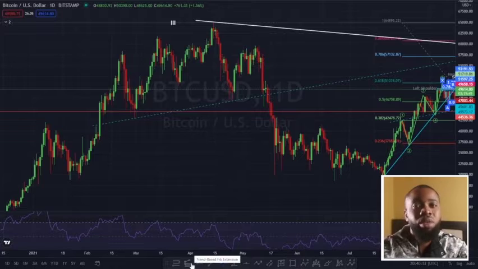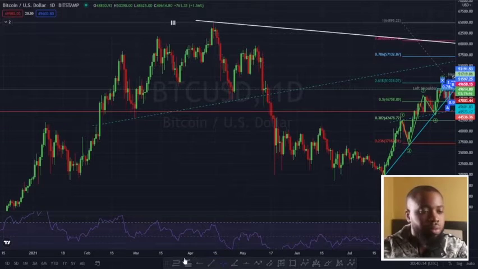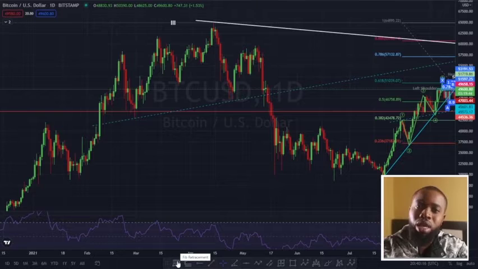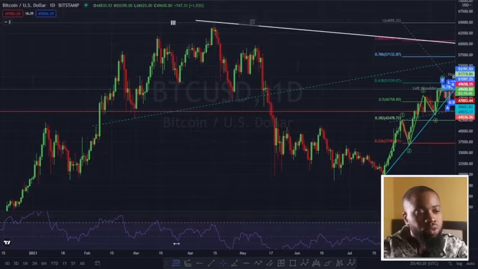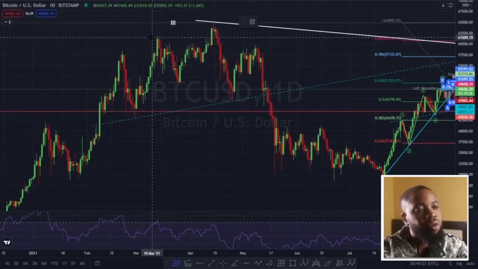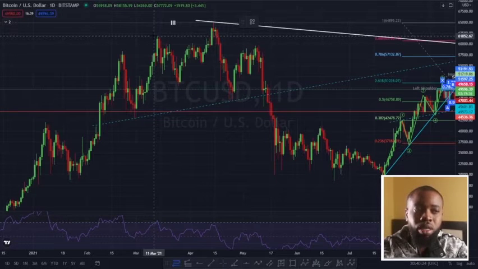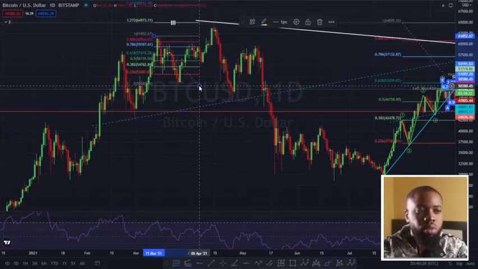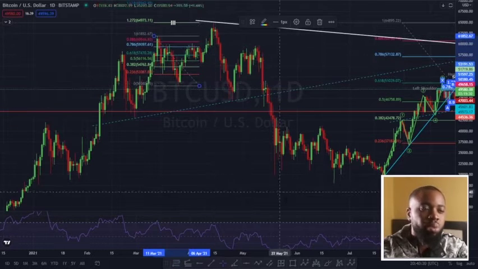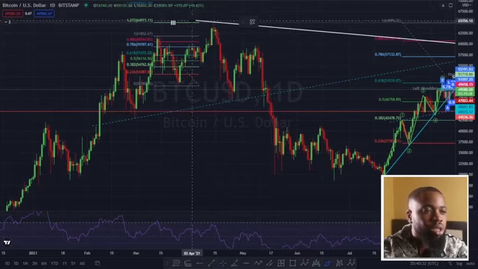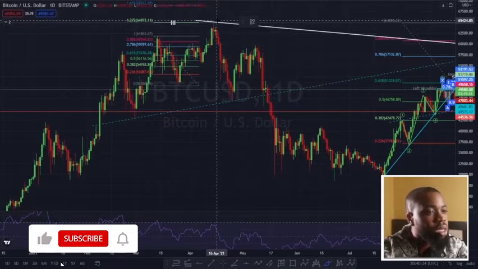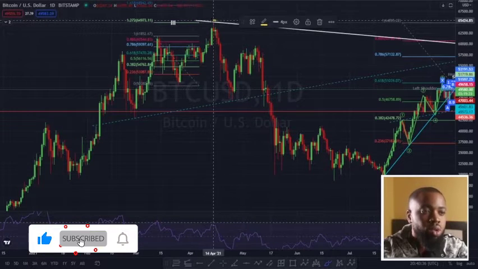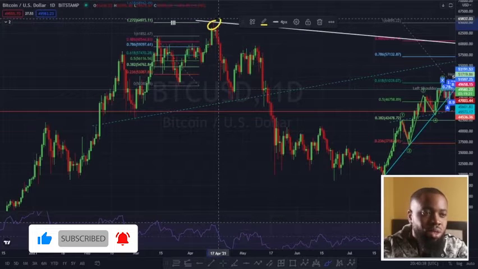How do we get the termination of this harmonic pattern, by the way? If you want to get the termination of the harmonic pattern, you take your Fibonacci tool, which is right there, and you drag it from the top, the beginning of the pattern, to the bottom, to give you the termination point of this pattern. Now the termination was the 1.272, exactly to the dollar.